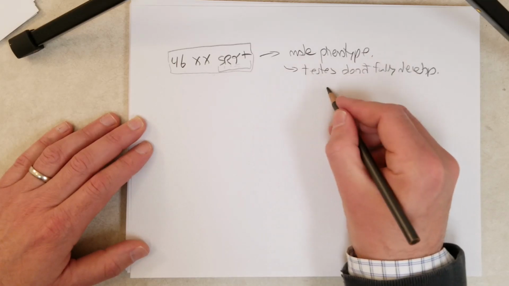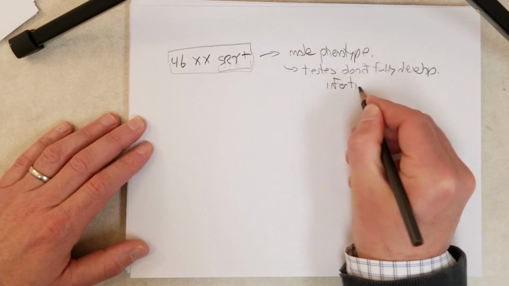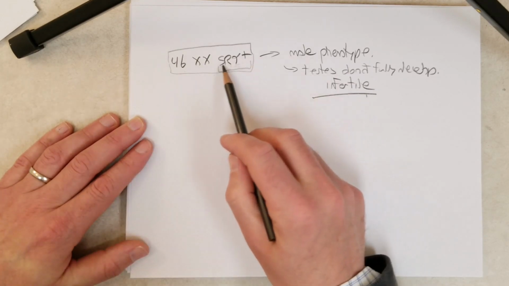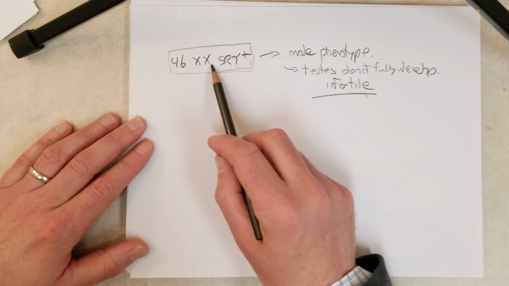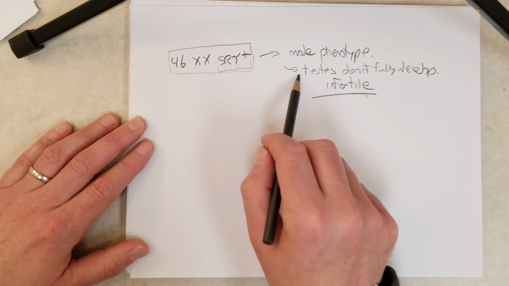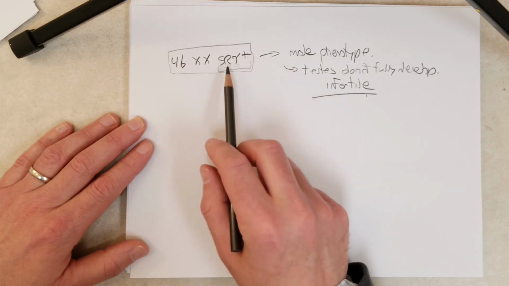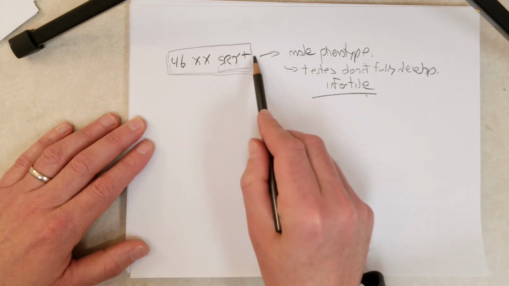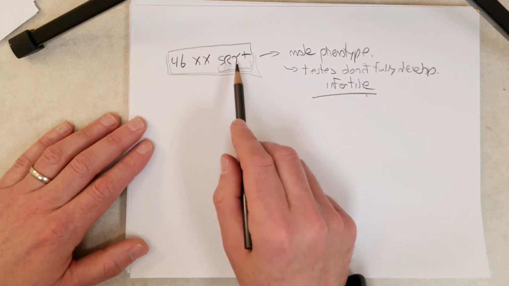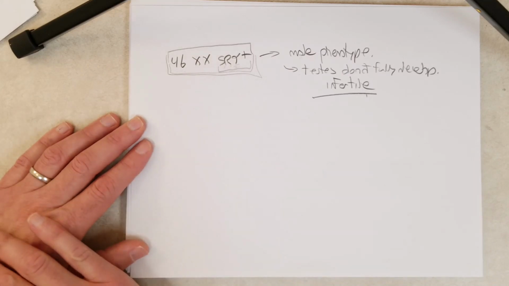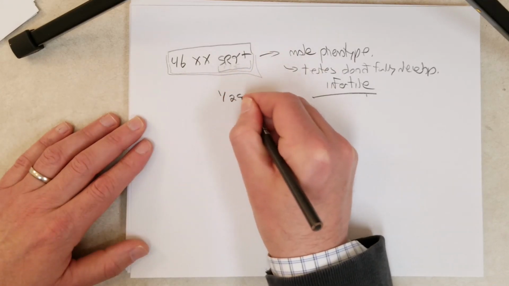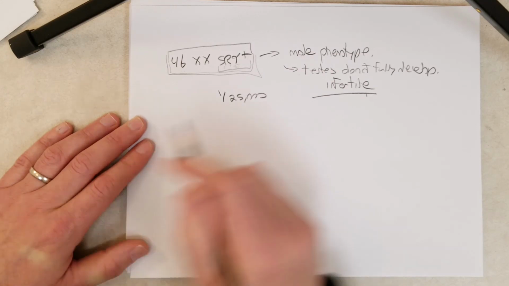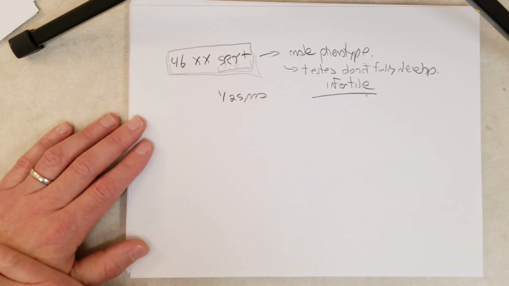So they're infertile. Now there are lots of genes on the Y chromosome that are necessary for spermatogenesis and formation of functional sperm, so it makes sense that an individual with this genotype, lacking all those other genes on the Y chromosome, would be infertile. And this happens about 1 in every 25,000. The frequency is about 1 in every 25,000 humans.